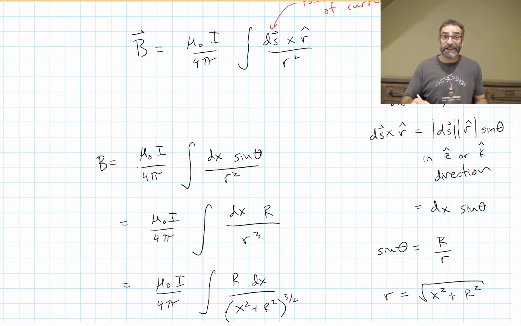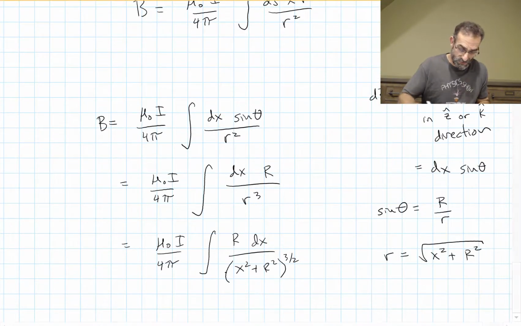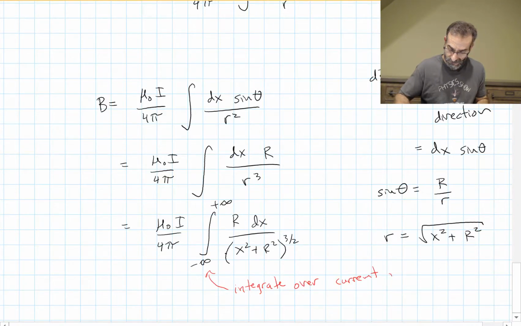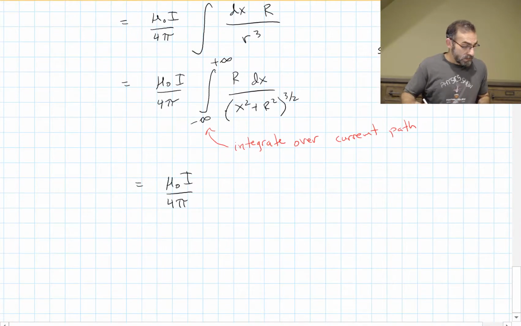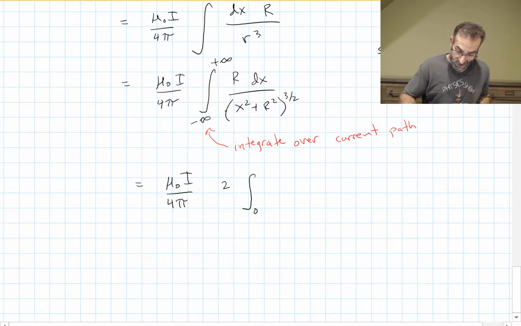And what are the limits of integration? We want to integrate over the entire current path. And this is an infinitely long straight wire. So we will integrate from minus infinity to plus infinity. And we can make this 2 times the integral from 0 to infinity.